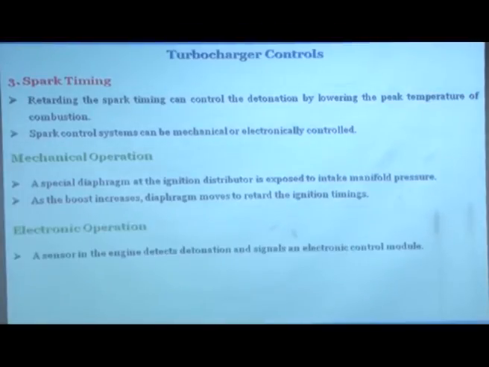In electronic operation, a sensor in the engine detects the detonation. You have an ECU and a knocking sensor. The knocking sensor picks up the knocking and tells the ECU, and then the ECU retards the spark timing. This is done electronically using solid state circuitry, integrated circuits, using the ECU. This is the more modern system.